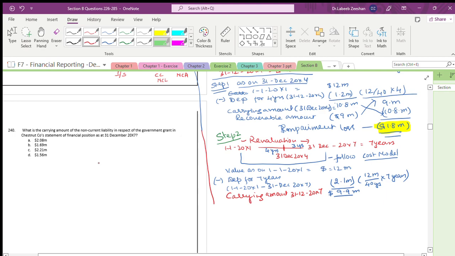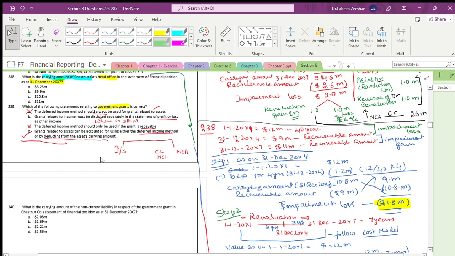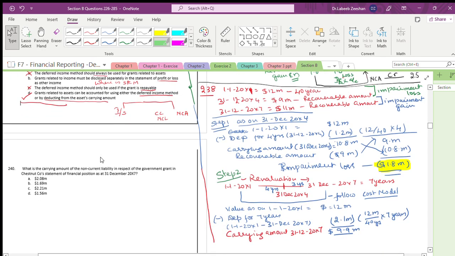This is where we use the deferred income method, whatever condition has been said, we are following as per IAS 20. This is the condition, this is the rule, and this is the application.